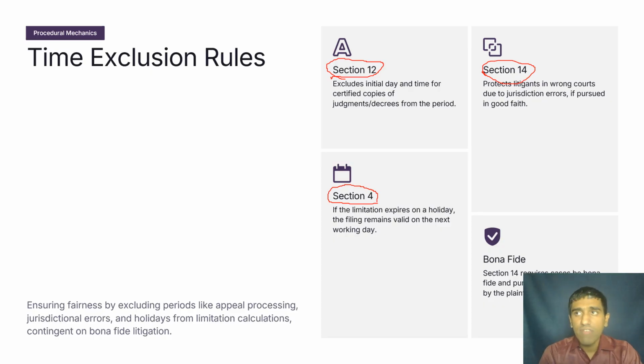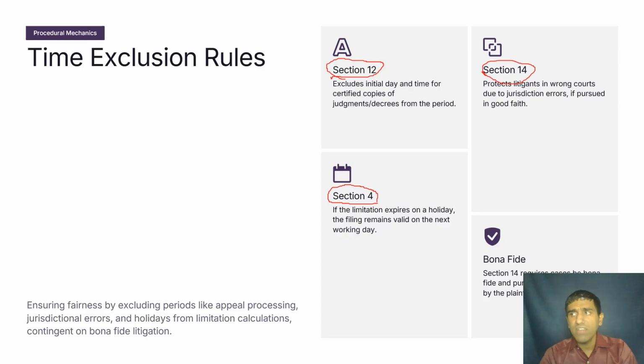Let's say it was a government holiday, and government holidays are usually holidays in which the court is closed. So if the court was closed during a government holiday, and the period of limitation happened to expire on that day, then section 4 allows the case to be filed on the immediate next working day during which the court opens again.